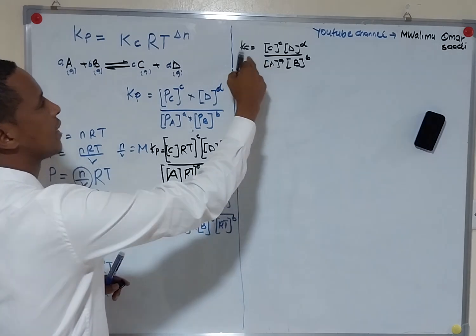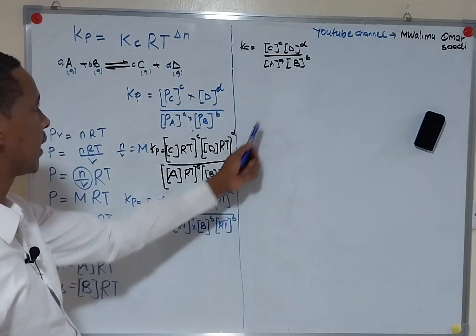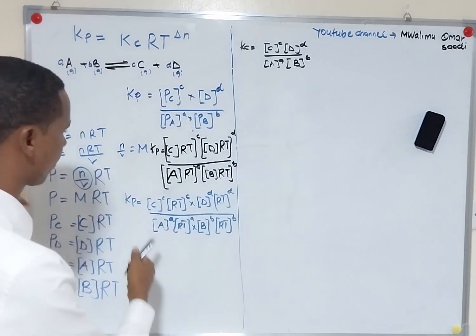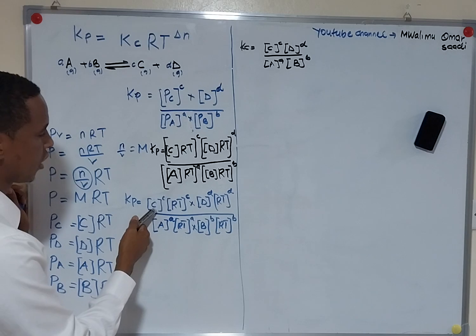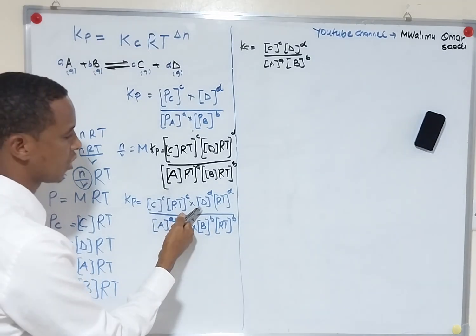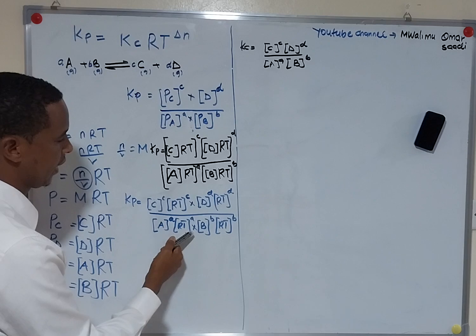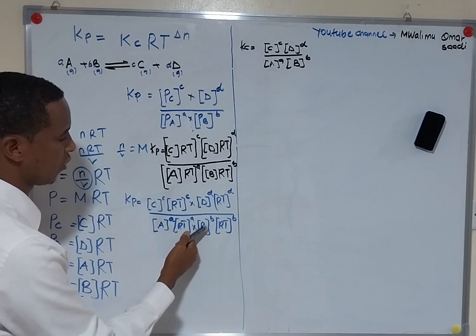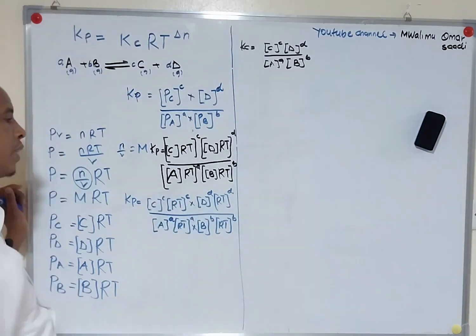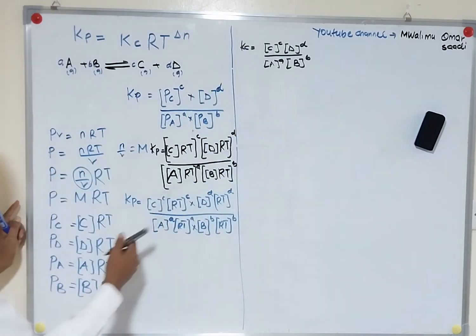So this is Kc. Whatever we have here, we can now replace with Kc, because here we have the concentration of C raised to c and the concentration of D raised to d. Here we have the concentration of A raised to a and the concentration of B raised to b, and that simply gives us Kc. So let us rearrange this one.